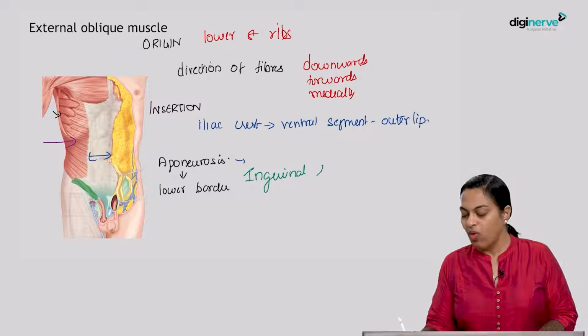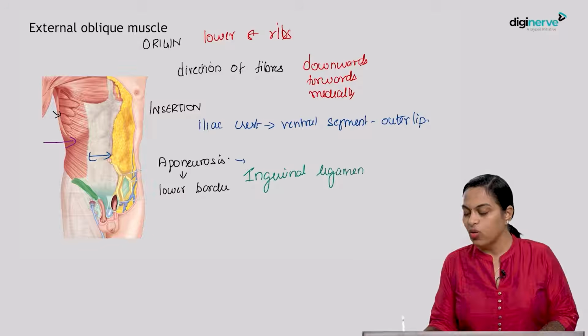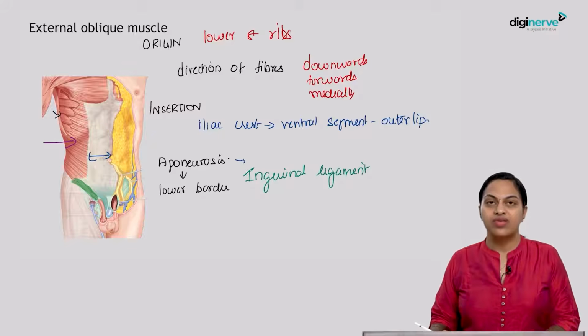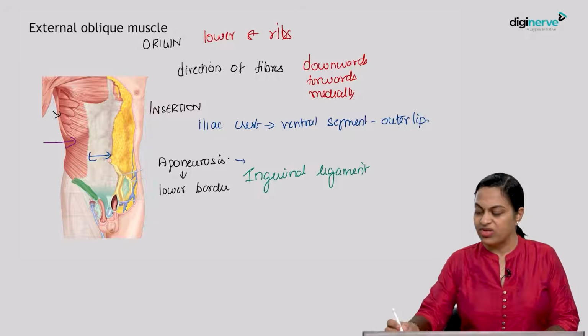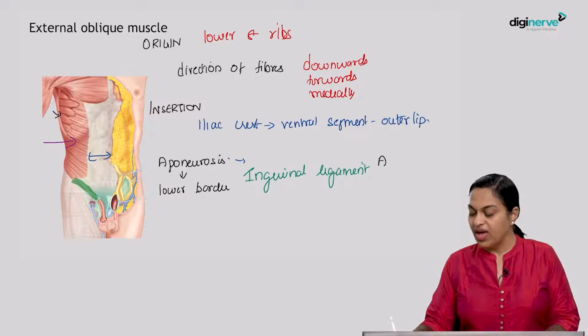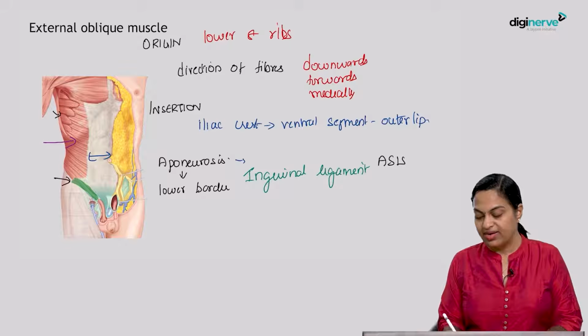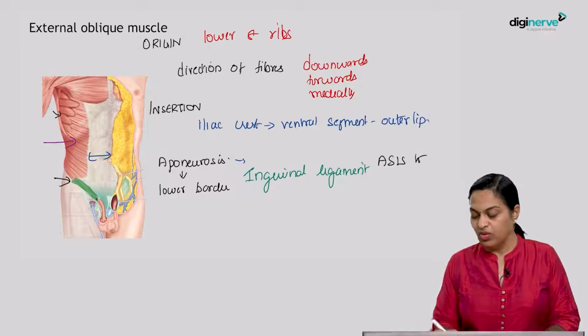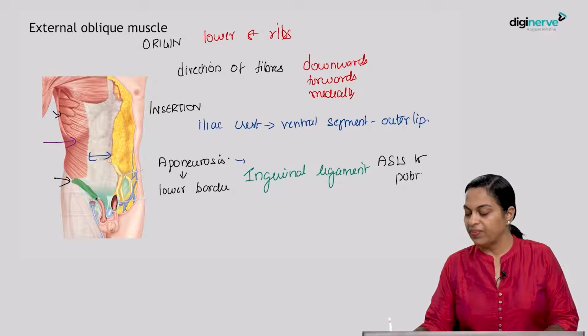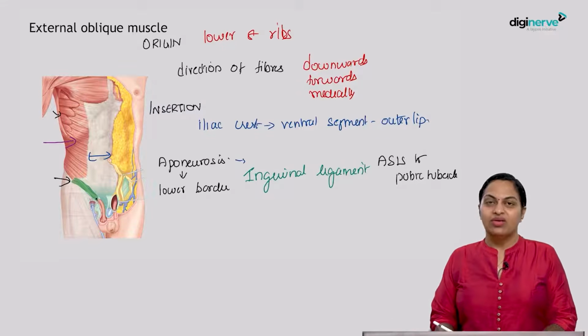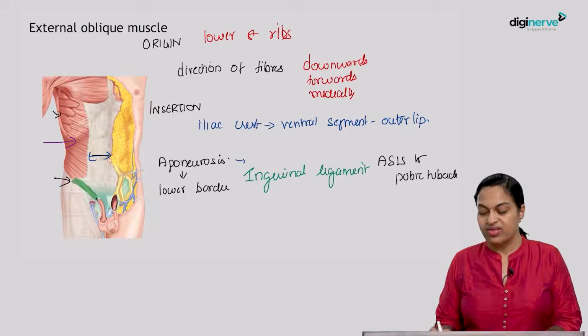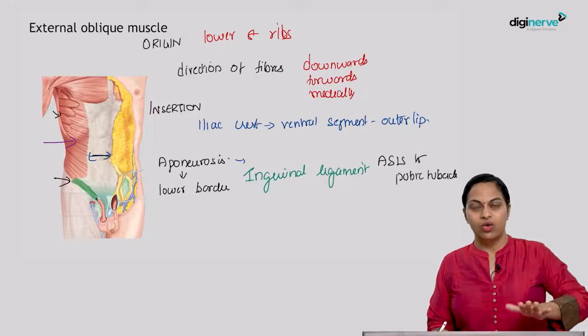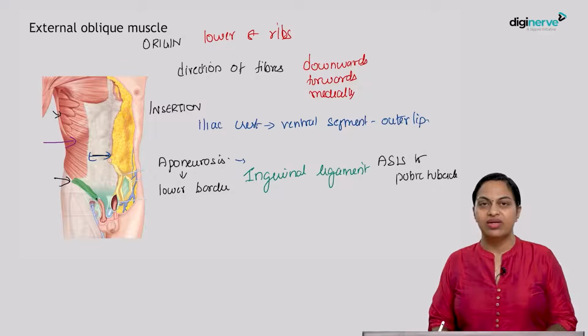The thickened lower border of the external oblique aponeurosis extends from the anterosuperior iliac spine medially to the pubic tubercle. Okay. So this aponeurosis, the lower part we saw, is going to form the inguinal ligament.